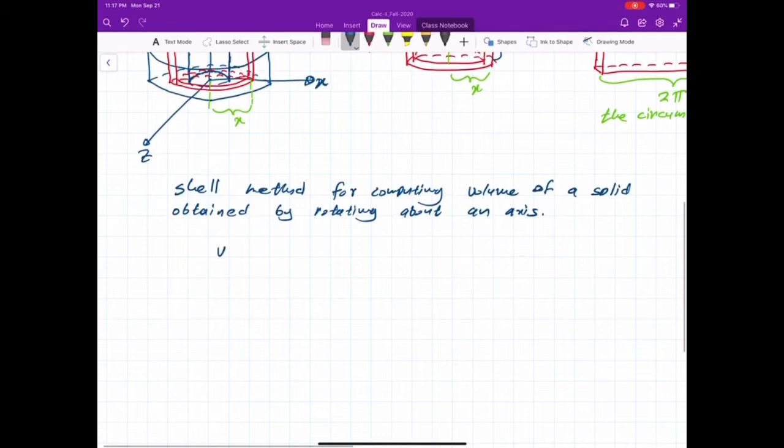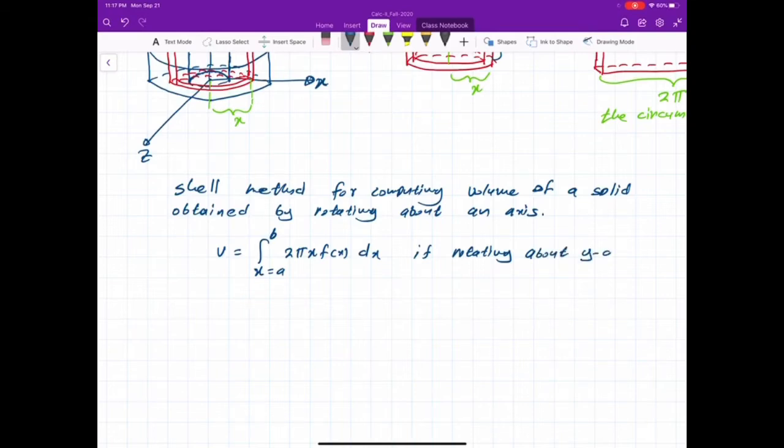Okay, the first formula is integration from x equals a to b of 2 pi x f of x dx, if rotating about the y-axis.